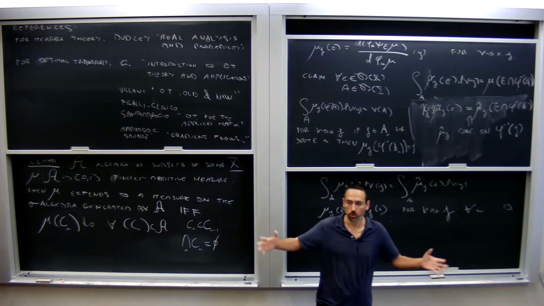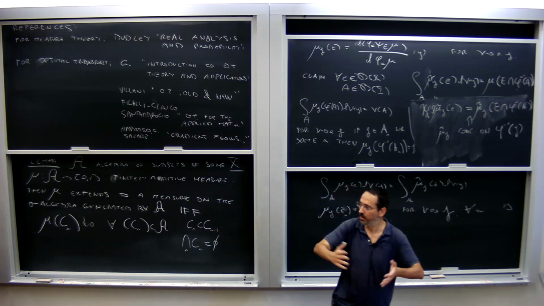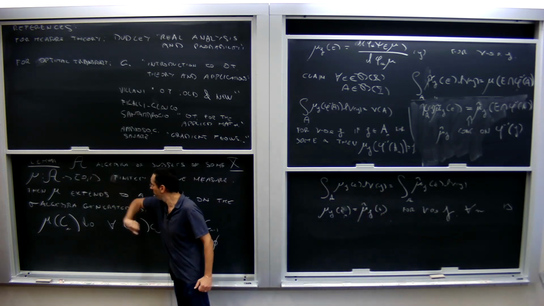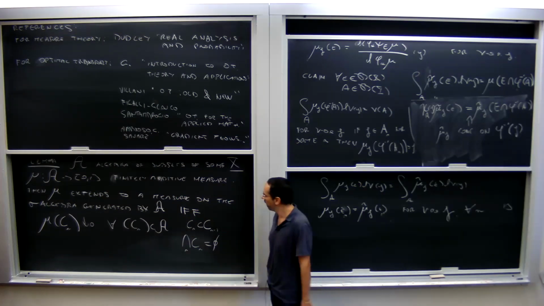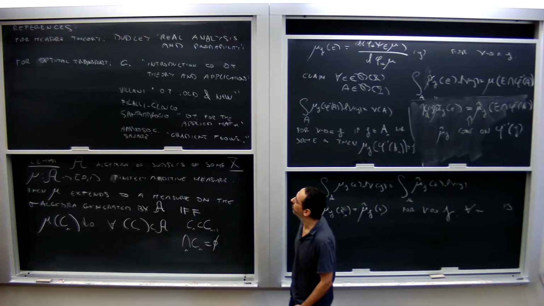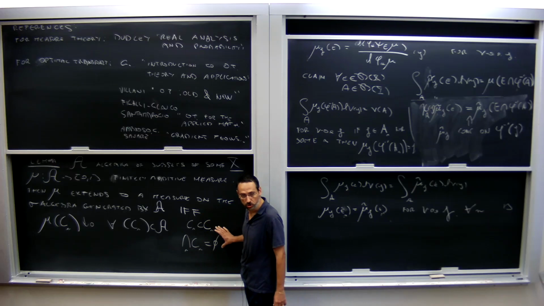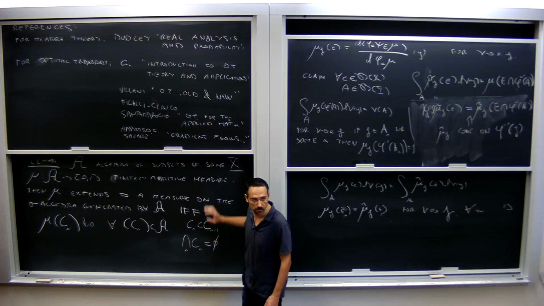So you try to cover any arbitrary set with a countable collection of sets in the algebra, and then you take the infimum over all the possible coverings of the sum of the measures. And basically, this condition is what ensures that the sets in the algebra are actually measurable, and that the measure of these sets coincides with it. Okay, it's an exercise in measure theory.